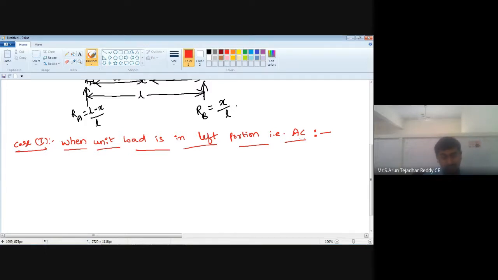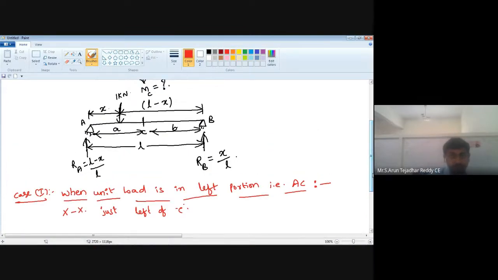So in the first case my condition is: consider a section XX just left of C. See, once observe the above diagram.